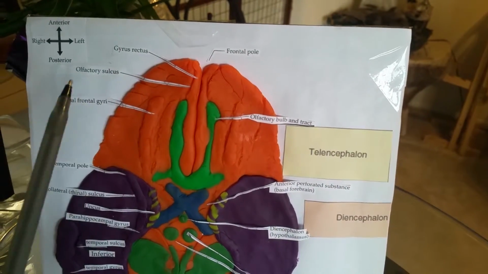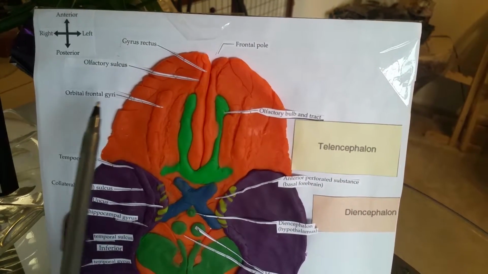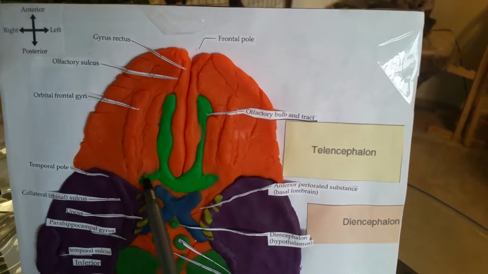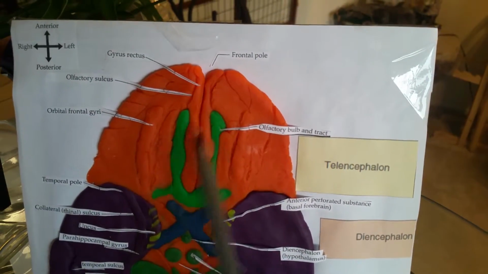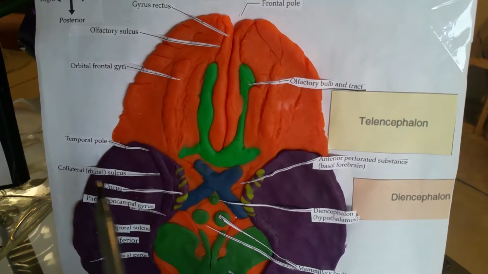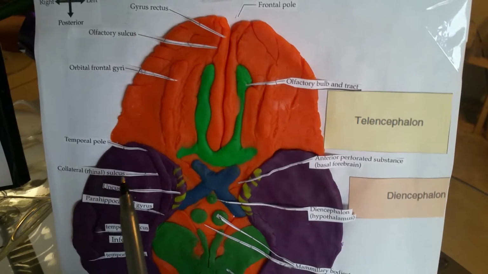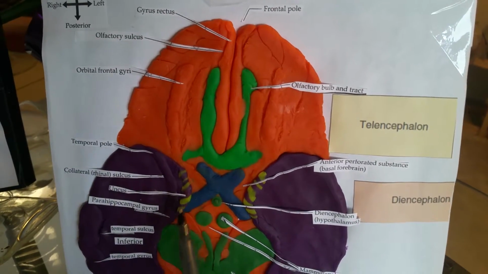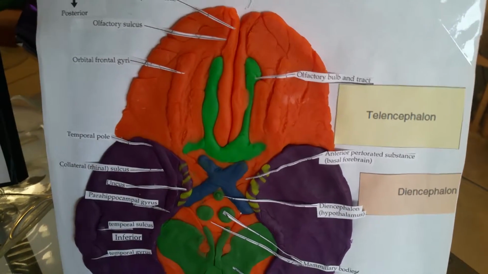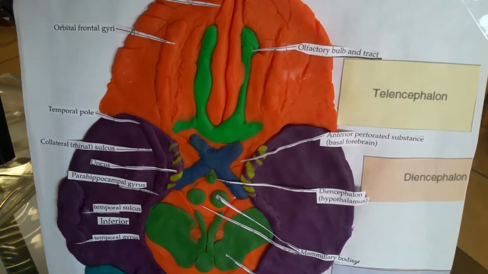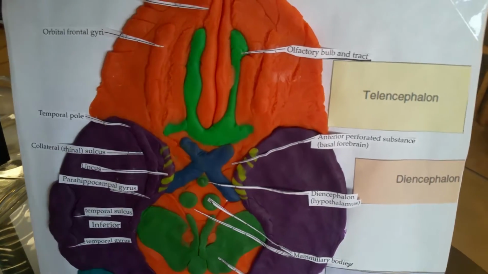We've got the olfactory sulcus, the orbital frontal gyrus, and again, I've attempted to demonstrate the gyrus with raised clay. The temporal pole, collateral rhinal sulcus, the uncus, which is related to processing sense of smell in the olfactory cortex.